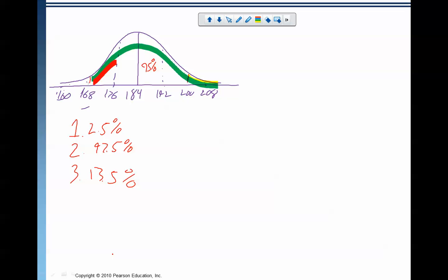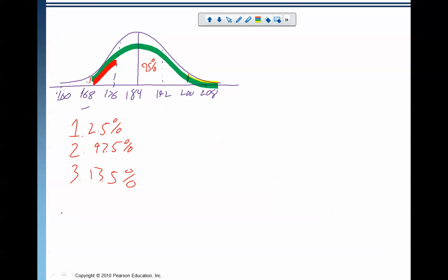Go ahead. 16. Oh, from here to here? Yes, you could. If this is 68, that means that this is 32 and this is 16 minus 2.5 gives you 13.5. That also works, right? Lots of approaches. It's about knowing where your 68, 95, and 99.7 rule is and what you're looking for, and then just subtracting things away.